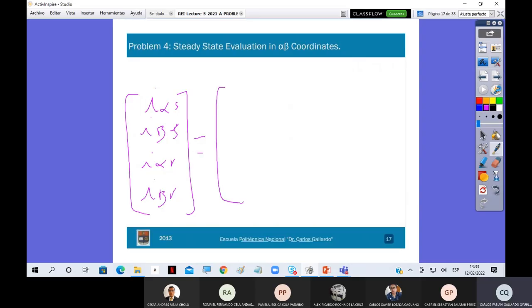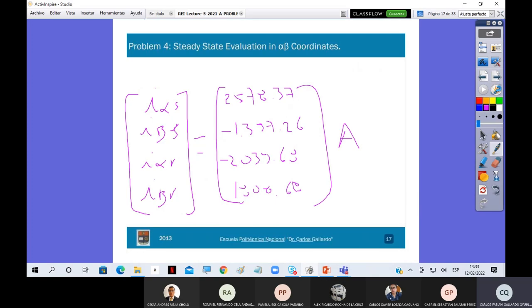So I will have here in amperes 2,578.37, 1,397.26, 2,039.68, 1,808.68 amps. Okay, these are the currents.